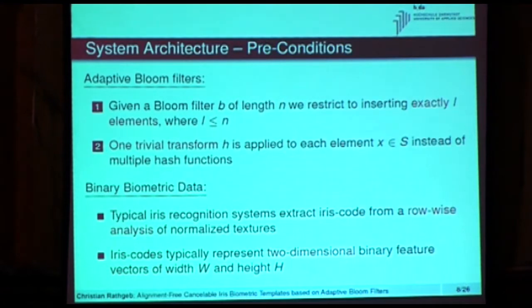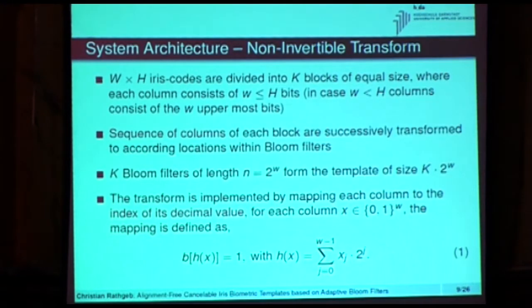That is, the resulting iris code can be seen as a two-dimensional binary feature vector of width W and height H. In the proposed scheme, such a two-dimensional iris code is divided into k different blocks of equal size, where each of the k blocks consists of L columns, where one column consists of exactly w bits, where w is of course less than or equal to the total height of the iris code.